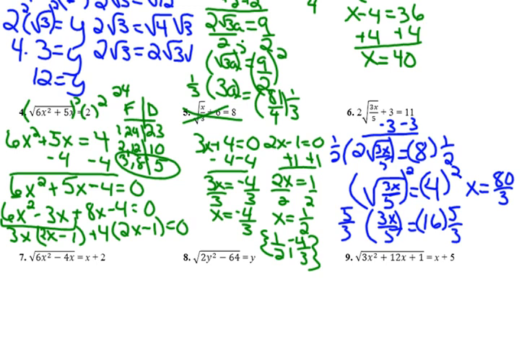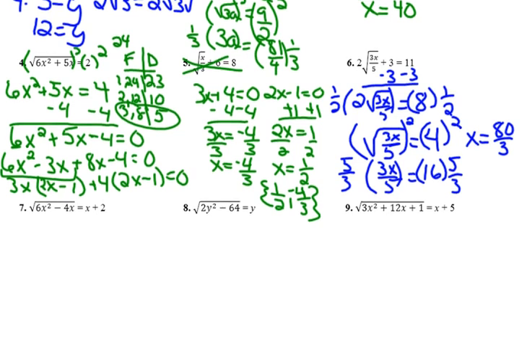All right, I want to do number 7 so that we can hopefully try to get a check in for this one as well. So my radical part is by itself, so I have to square both sides. Over on the left, that's going to give me 6x squared minus 4x.